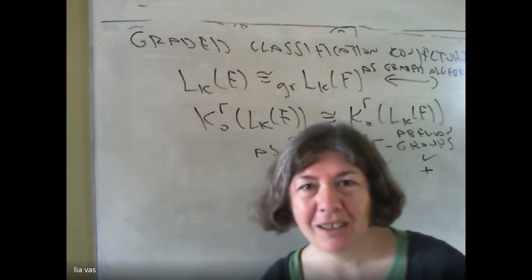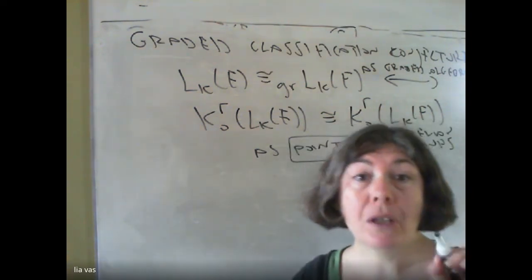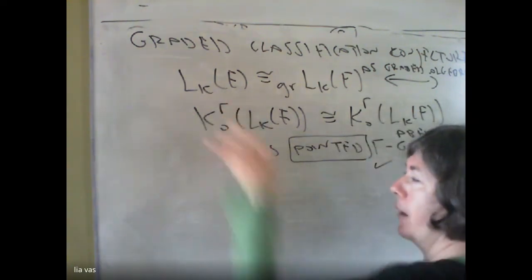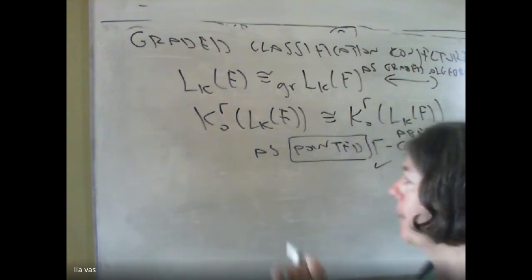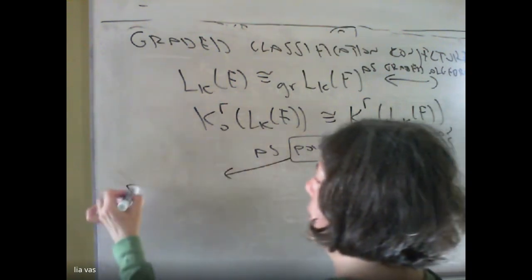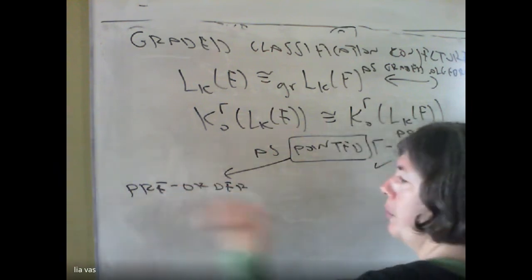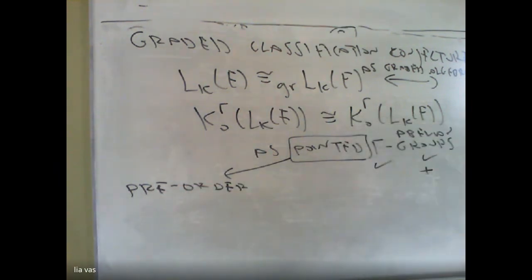The pointed part comes from a pre-order that ordinary K0 and this fancier version of K0 both have. So this comes from a pre-order. What is a pre-order in general?